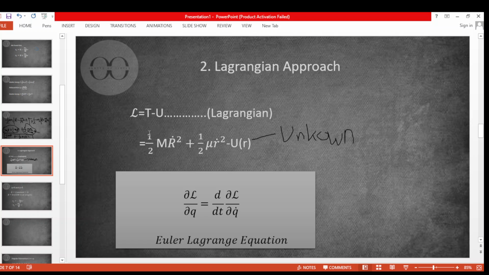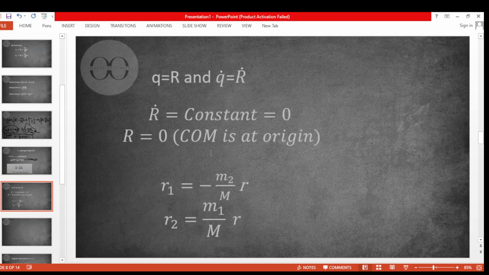So if we take the derivative of this with respect to R dot, we get M R dot. So the time derivative of M R dot will be 0, as the left hand side is 0. That means M R dot is constant, and as capital M is the total mass of the system and is constant, R dot is constant.